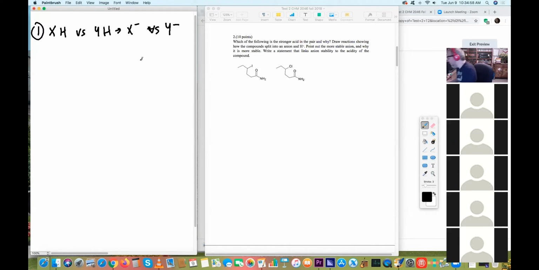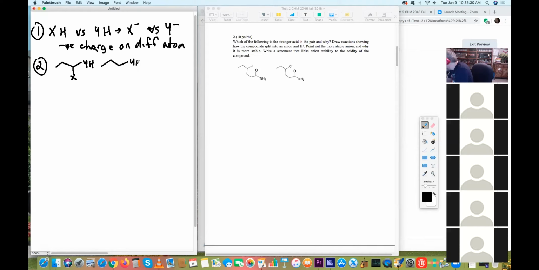And I say this is where the negative charge is on a completely different atom. Number 2, we got this scenario here.